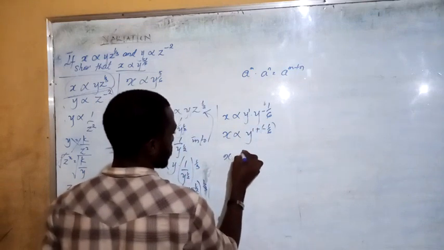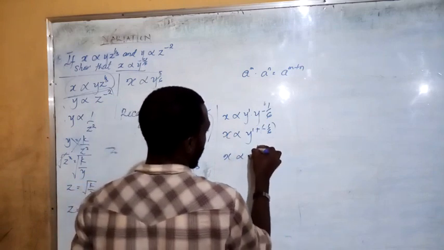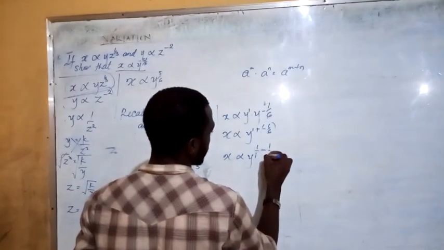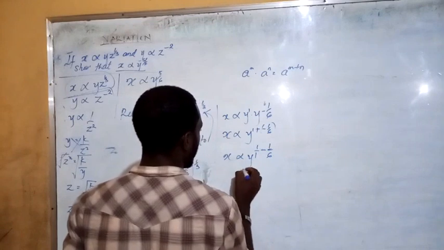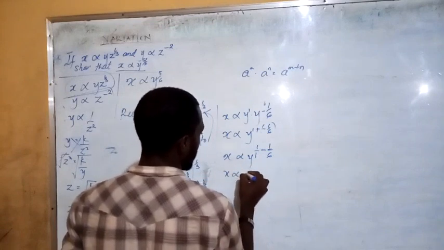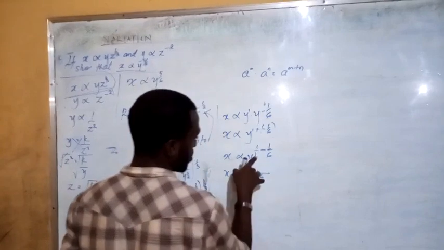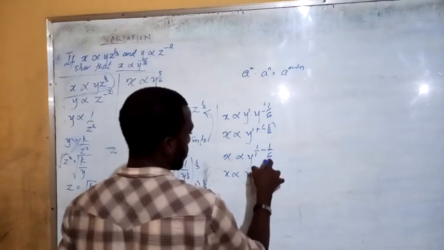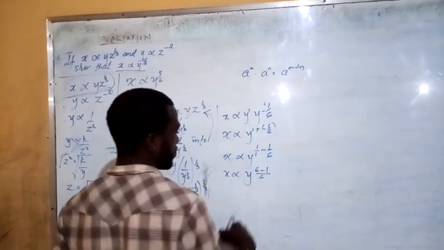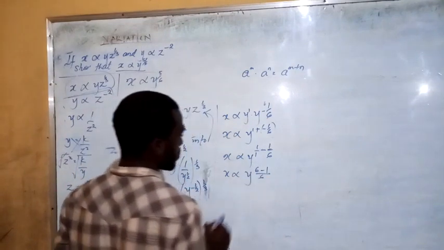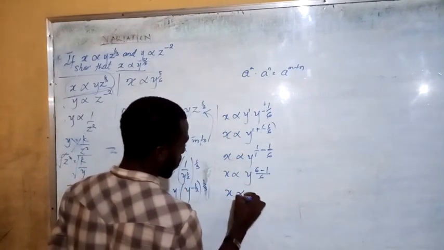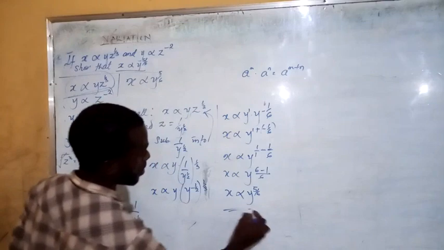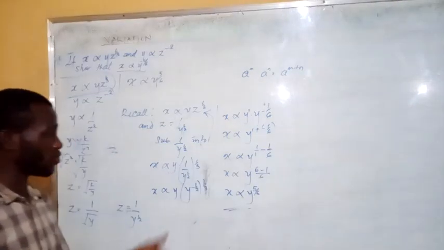So we have x varies directly as y raised to the power 1 minus 1 over 6. The LCM of 6 and 1 is 6, so we have 6 minus 1 over 6, which is 5 over 6. So x varies directly as y raised to the power 5 over 6, and that is basically how to prove it.